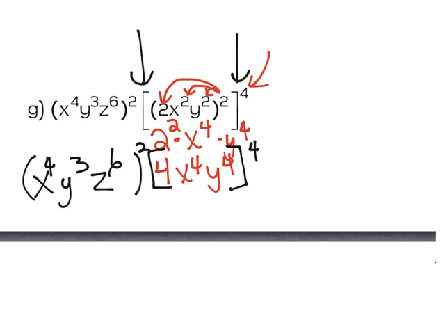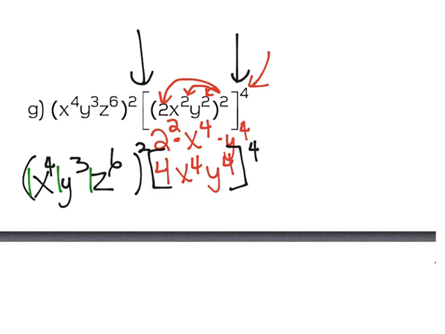So let's go ahead and get started. All of the coefficients here are 1s. And any time we raise 1 to a power, we're going to always get 1. Now, in a previous problem, I did expand that out, but it's not necessary. I just wanted you to see the math behind why.